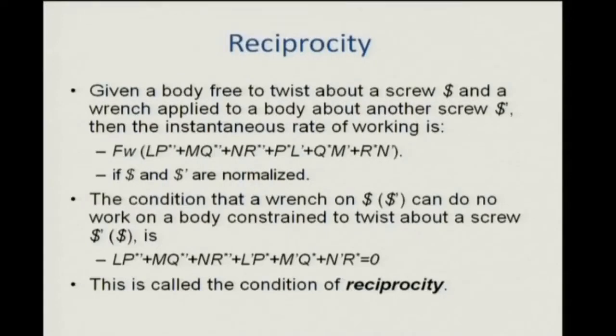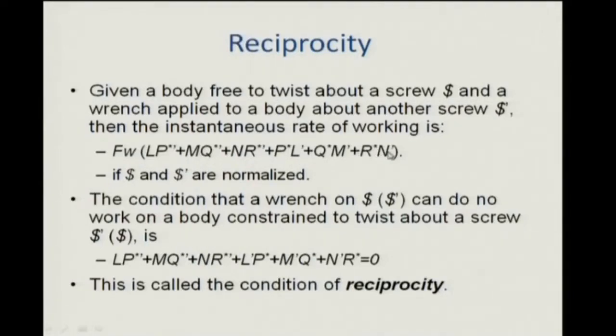Then the instantaneous rate of working is, now look at the way this is being combined. So you have L, M, N, P star, Q star, R star, and then we write P prime star, Q prime star, R prime star, and here you write L prime, M prime, N prime.